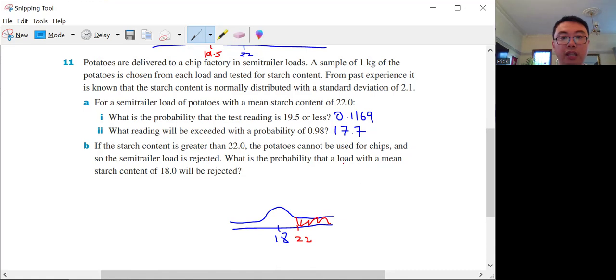In this case, we're just looking for this probability here, and we can just use our CDF again. Our lower bound is going to be 22 and upper bound is going to be infinity. So let's do that.